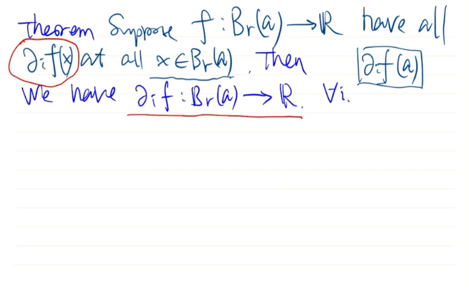We denote it by D_i f. This is the partial derivative function. We introduced the partial derivative functions in the last lecture. This partial derivative function can be continuous or not.